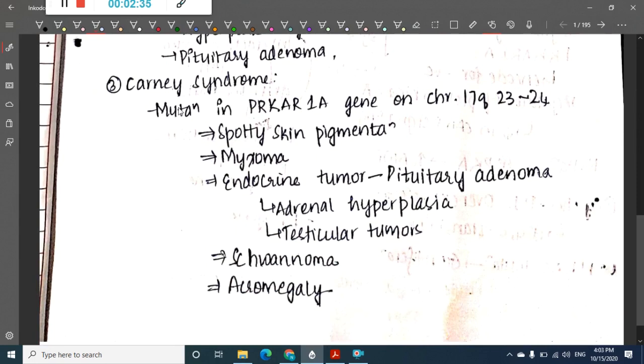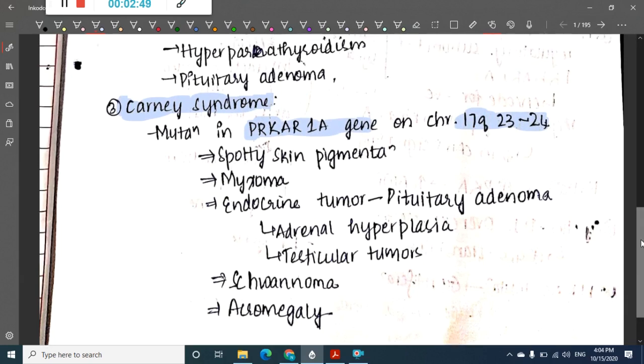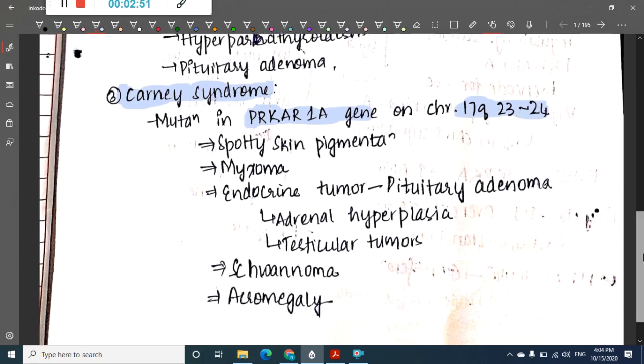Then we have one more syndrome, which is called Carney syndrome. In Carney syndrome, there is a mutation in the PRKAR1A gene on chromosome 17q22 to 24. Here you see spotty skin pigmentation, myxoma, or endocrine tumors, that is pituitary adenoma, adrenal hyperplasia or testicular tumors.